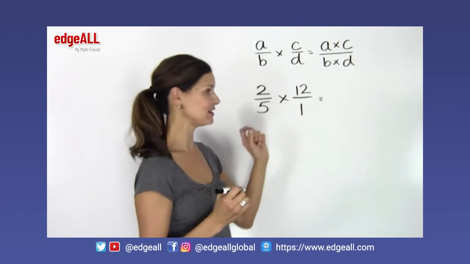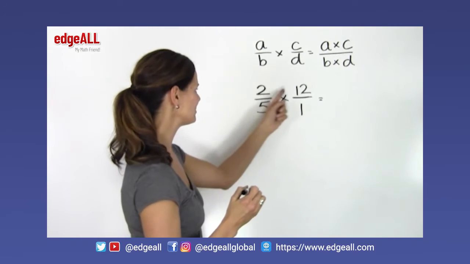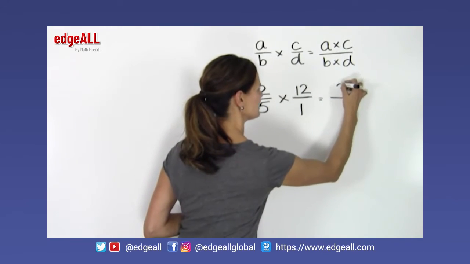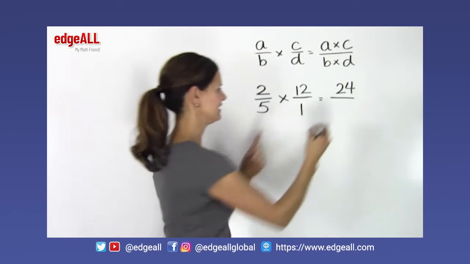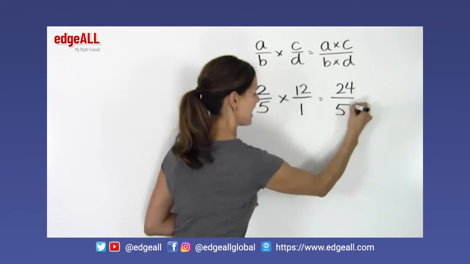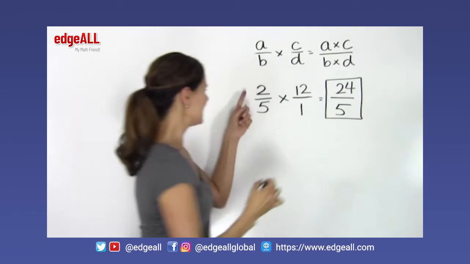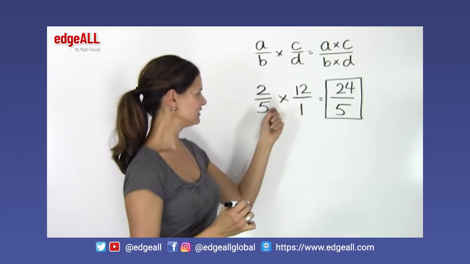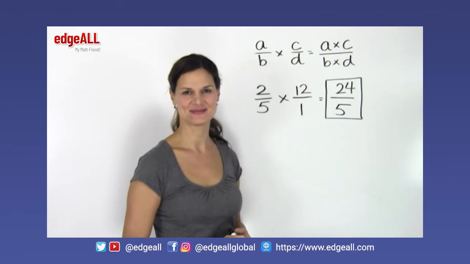Numerator times numerator, denominator times denominator. So 2 times 12 equals 24. 5 times 1 equals 5. So my answer to 2/5 times 12, converted to 12 over 1, is 24/5.